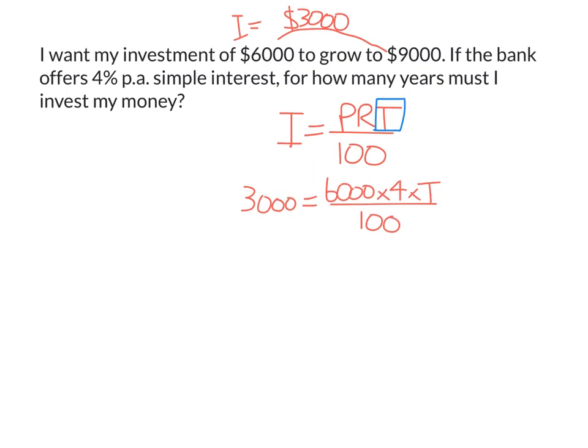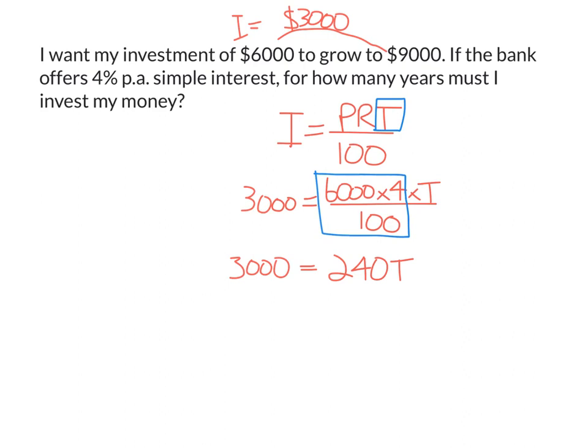To make this easy to work with, I'm going to put everything except the T in my calculator. I've still got my 3,000 of interest, but if I put 6,000 times 4 divided by 100, I get 240. So this whole right-hand side is 240 times T. This is a very easy equation to solve.